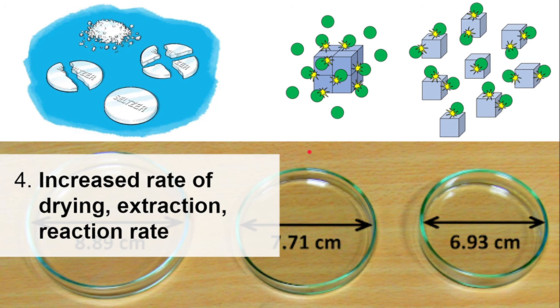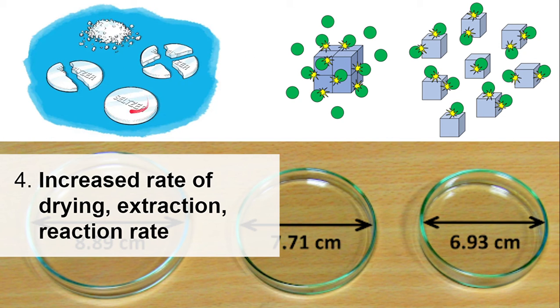The next important application of size reduction is, as I showed with this cube which has been divided into the 8 small cubes, that I am going to increase the surface area. As I increase the surface area, all the surface area is exposed to the heating device or the higher temperature, due to which I can increase the rate of drying, as shown over here.